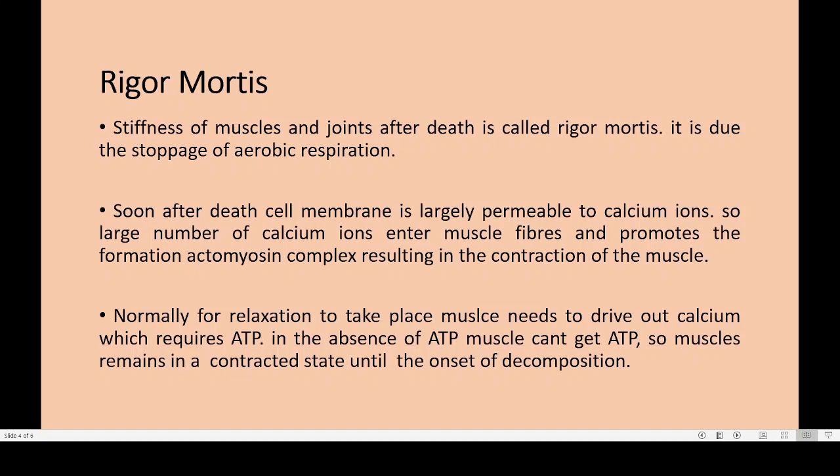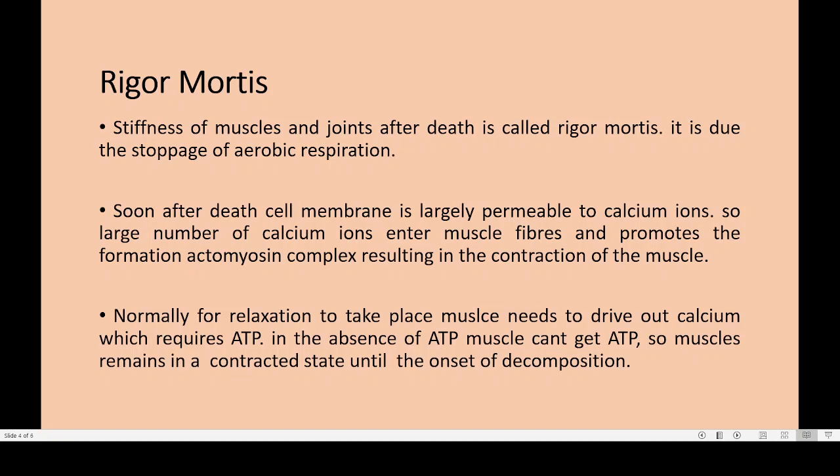It triggers the formation of the actin and myosin complex, which means the muscle will be in a state of contraction. That is, after the death of the person, calcium ions enter the cytoplasm and trigger muscle contraction. So the muscle remains in a state of partial, not complete, contraction, and that gives the muscle a rigidity.